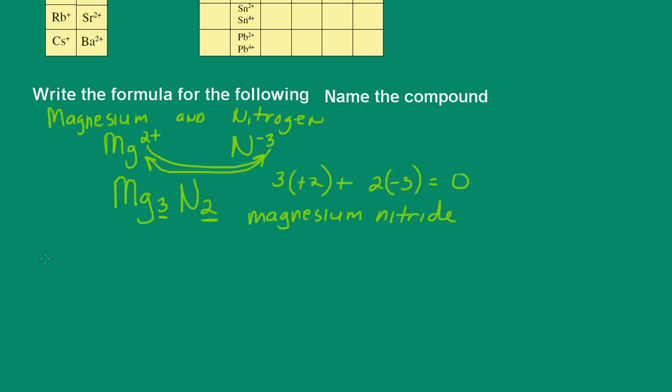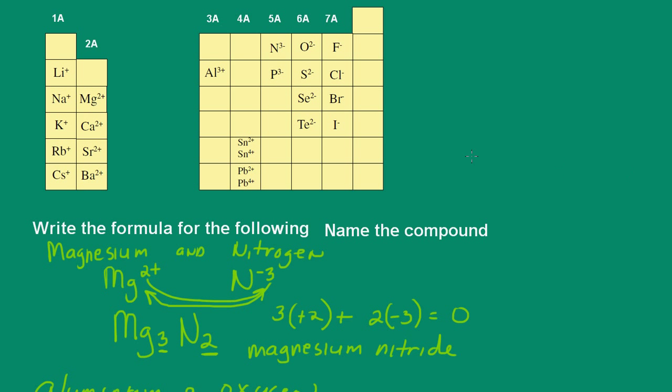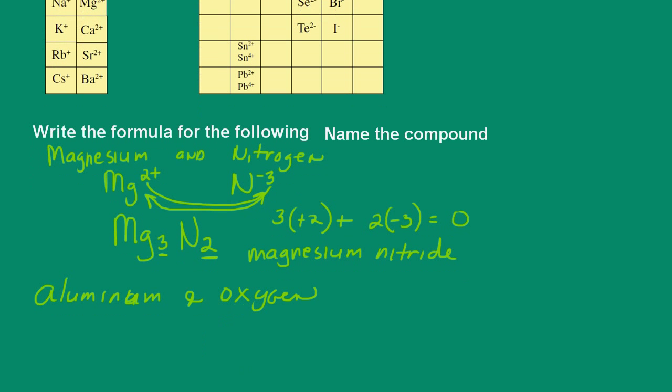How about the ionic compound formed from aluminum and oxygen? So aluminum is in group 3A, and it will form a +3 ion, and then of course oxygen will form a -2 ion.